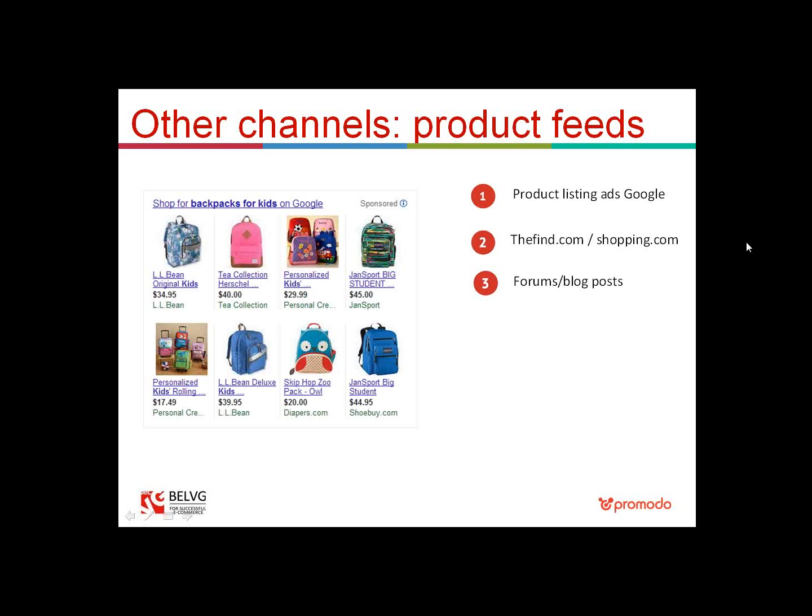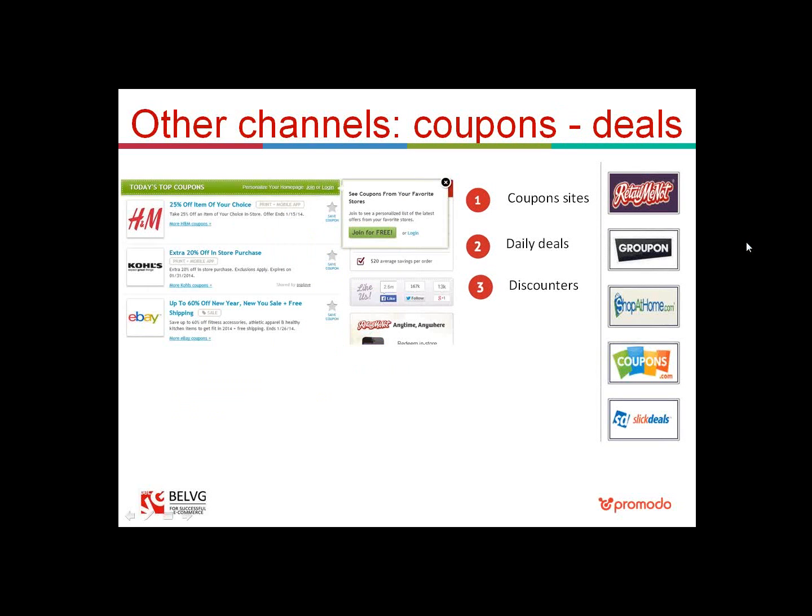But the fact remains that this is a better option than Google AdWords if you are tight on budget. And of course, look up what the specifications for product feeds are at Become.com, Shopping.com, Nextag, PriceGrabber, etc. Forums and blog posts I have already covered.